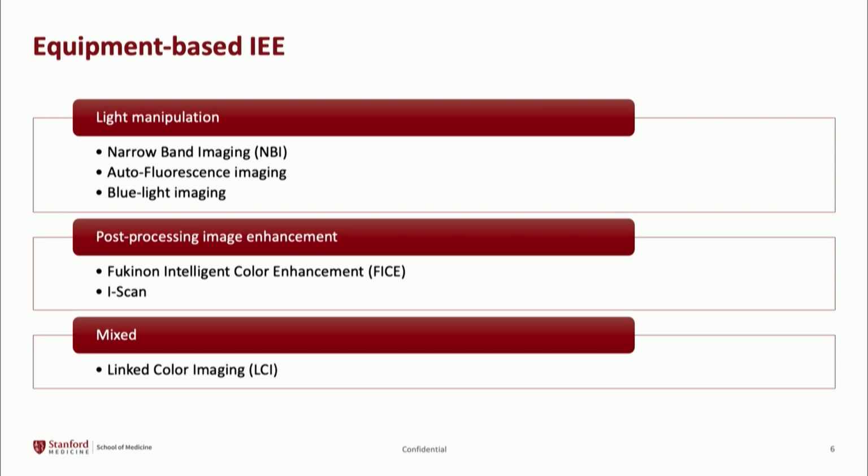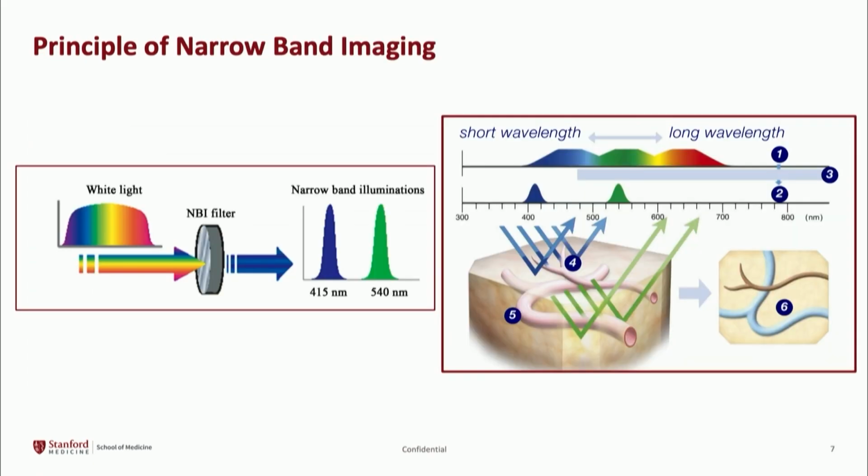And in image-enhanced endoscopes where the reflected light is changed by post-processing, you have examples like the FICE, which is by Fujinon, and iScan, which is by Pentax endoscopes. And where there's a mixture of these two mechanisms, you have an example like linked color imaging, which is one of the more latest enhancements.